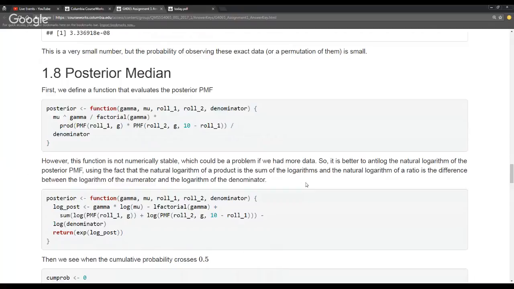But if you do the logarithm of it, then you get farther and farther away from 0 in the negative direction in log units, and it has plenty of extra decimal places to keep track of all that.